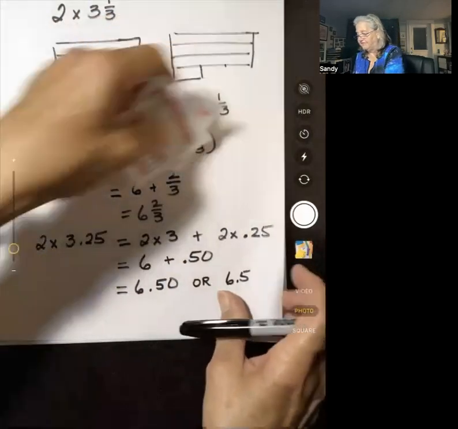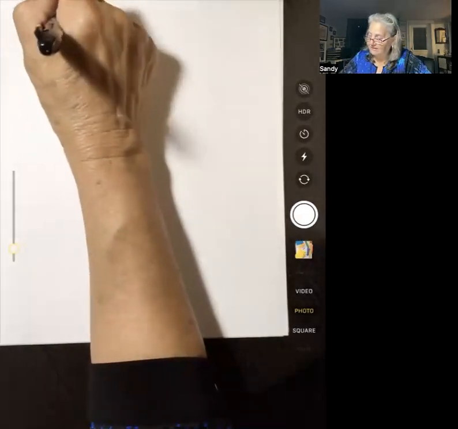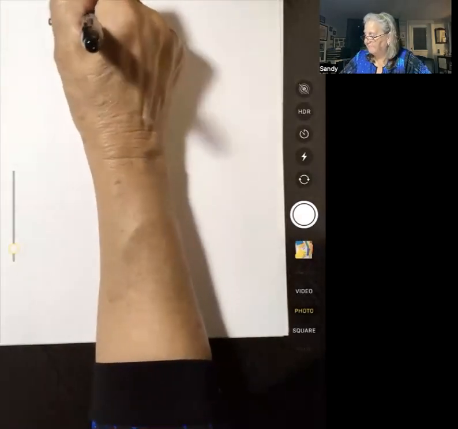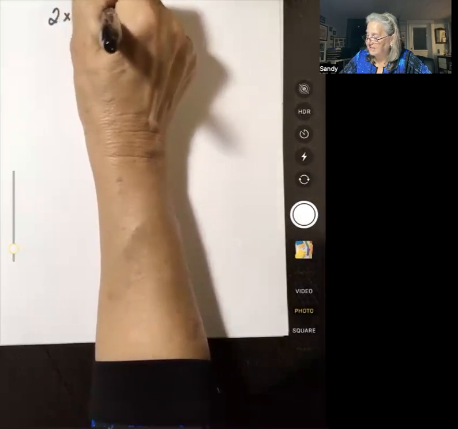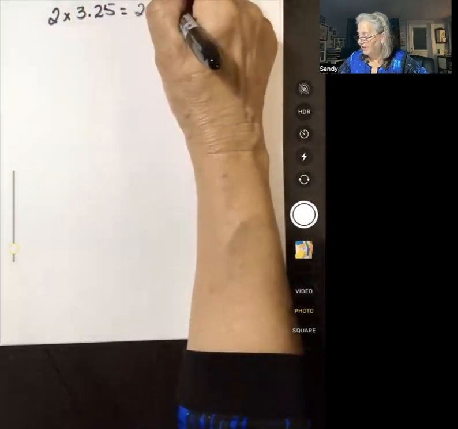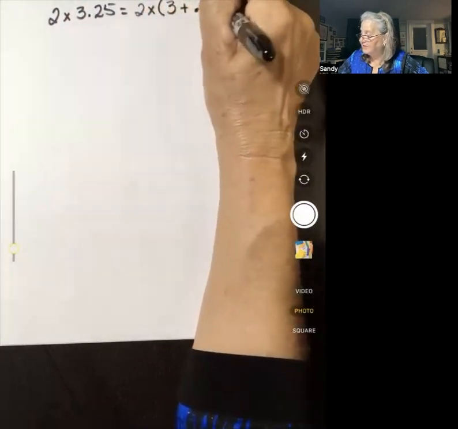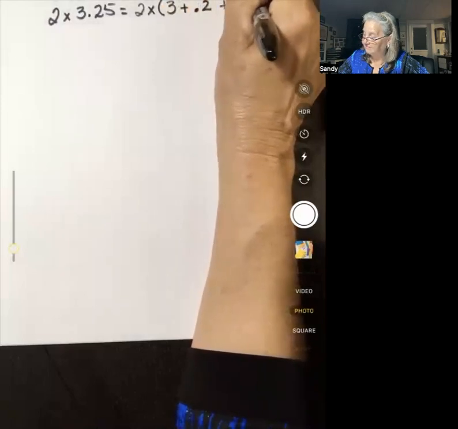I could also have done this by thinking about the 3 and 2500ths in terms of the places. See, I could have thought of this as 3 plus 2/10ths plus 500ths.